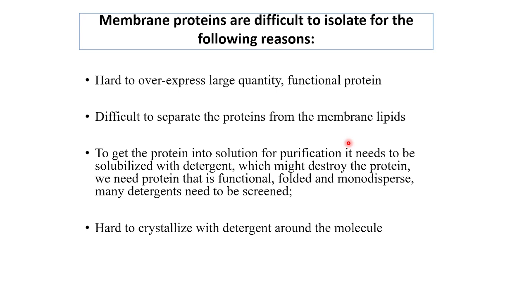Like when you are running an SDS-PAGE, what happens? You are giving a uniform negative charge to your protein, and that is why it is running towards the anode. So what happens when you give a high amount of ionic detergents or uncharged detergents, anyway.